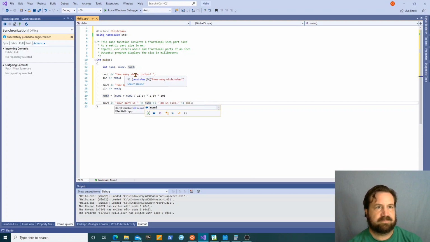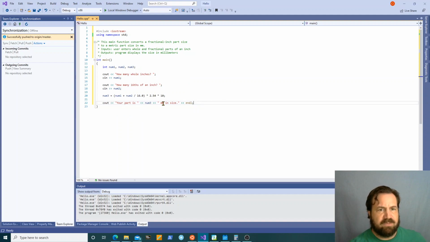Okay. So your part is num3 millimeters in size. So that makes this line even more confusing because we don't have the millimeters being output as part of that line. Okay. So we've got this, whatever num3 is, it's num1 plus num2 over 16 times this conversion factor. Okay.